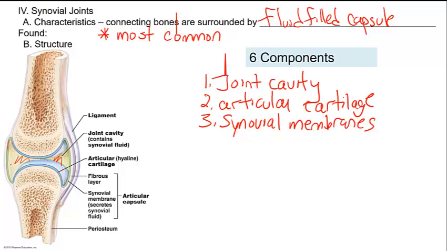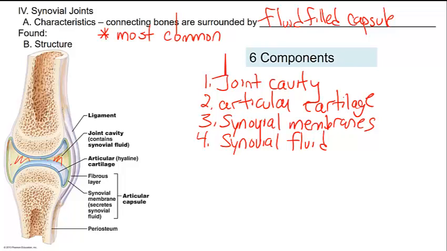Now, these synovial membranes actually produce synovial fluid, which is the fourth component. A lot of this synovial fluid is coming from the blood, which surrounds the synovial membrane. And components of the blood will flow through the synovial membrane into the joint cavity. In addition, the synovial membranes will contribute their own ingredients to make up the synovial fluid.